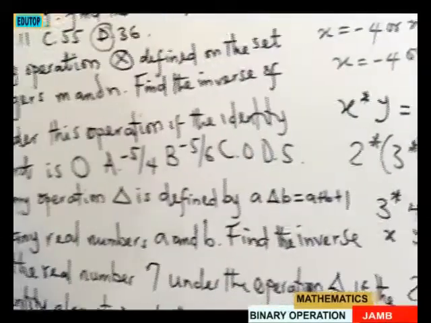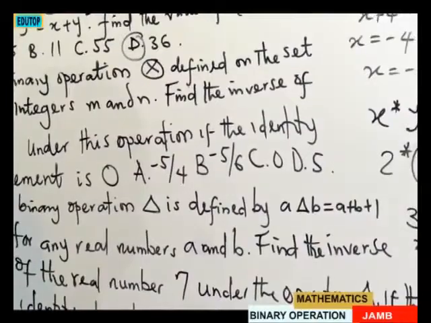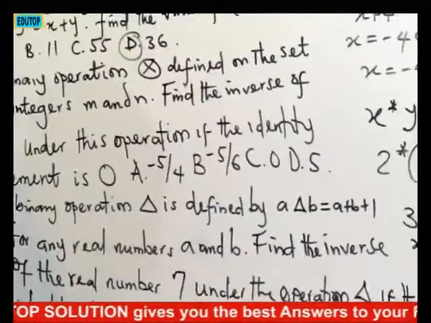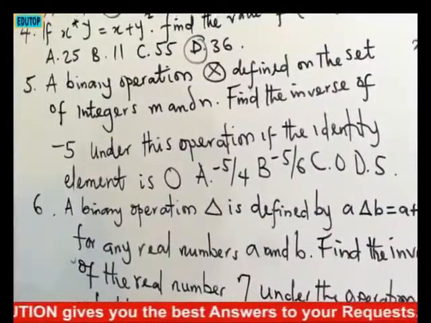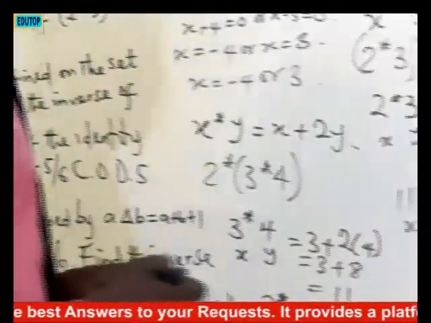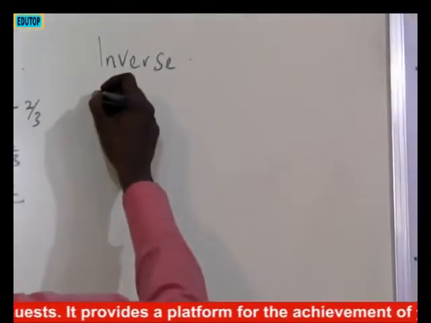A binary operation star defined on the set of integers m and n. Find the inverse of minus 5 under this operation if the identity element is 0. So in this situation, we need to recall the concept of inverse.